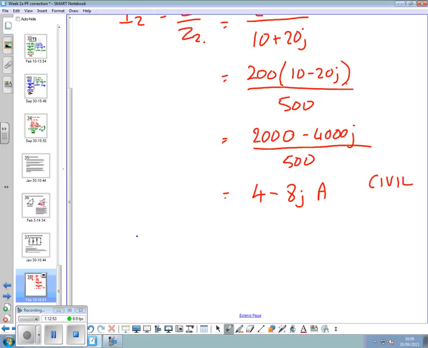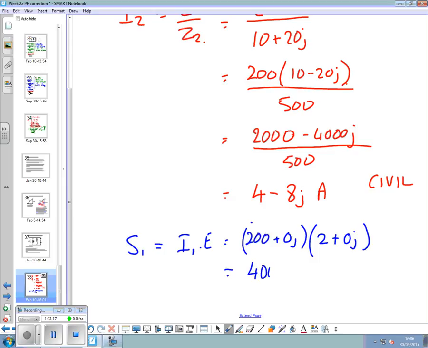From that, S1 is I1 times E. That's 200 plus 0J times 2 plus 0J. Going to write it out in full just to make sure.